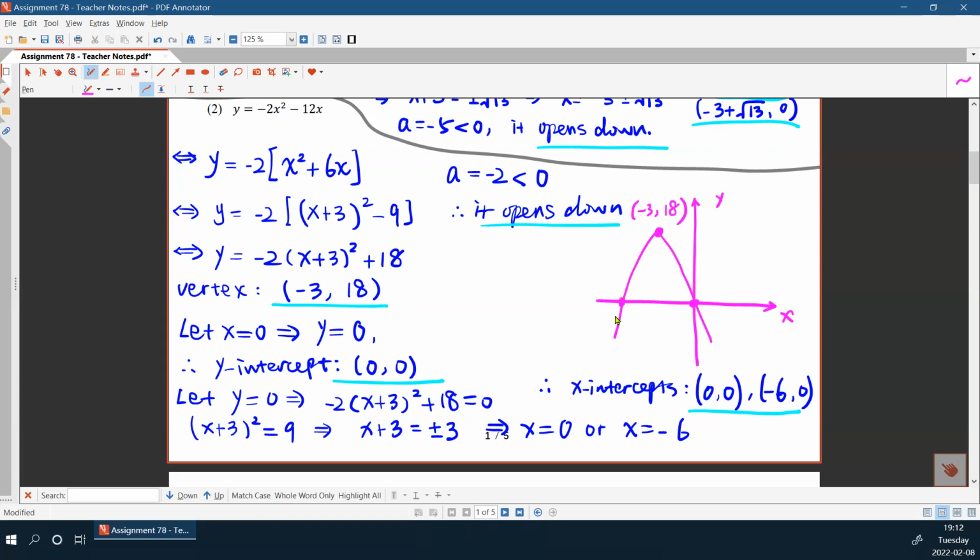And one of the x-intercepts is -6, 0. The other one is 0, 0. Okay. And axis of symmetry is x equals -3. And then let's put the expression of this function next to its curve. Okay, so this is a complete sketch of the curve of this function.